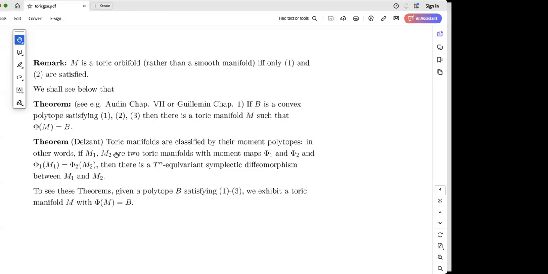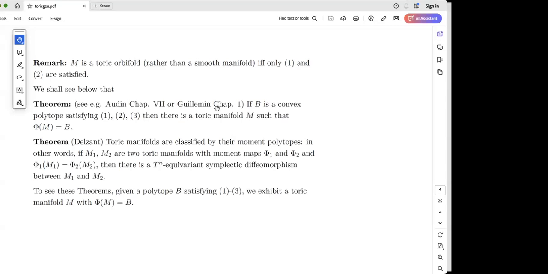In other words, if you have two toric manifolds with moment maps phi_1 and phi_2, and their images are equal, then there is a T^n-equivariant symplectic diffeomorphism between M_1 and M_2.